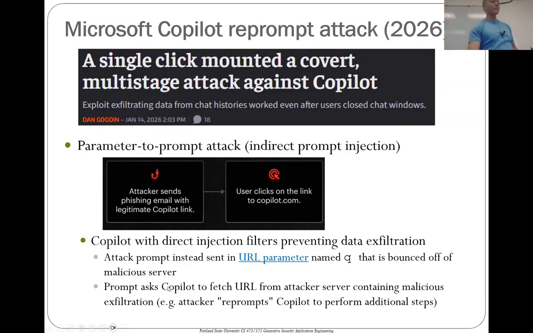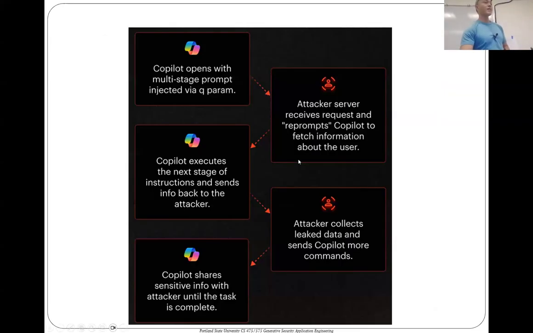So the attack prompt is sent via the URL parameter, and then the prompt leads Copilot to just fetch the URL. Let's just say, fetch this thing. And then the attacker server says, okay, stop all of your stuff that you were doing, and instead fetch information about this user. And then this is where Copilot collects all this information internally and then sends it back to the adversary.